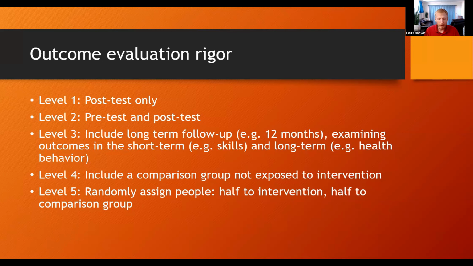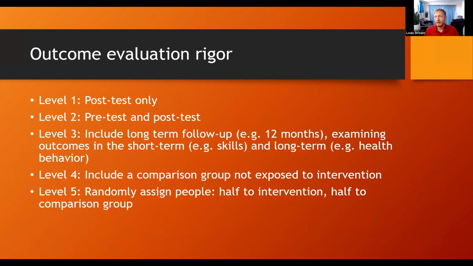Similarly, with prevention work, it's really important because if you're trying to prevent the uptake of alcohol use with youth, and you just follow them pre-post 12 months and you see, oh, look, there was no change in alcohol use amongst the youth.